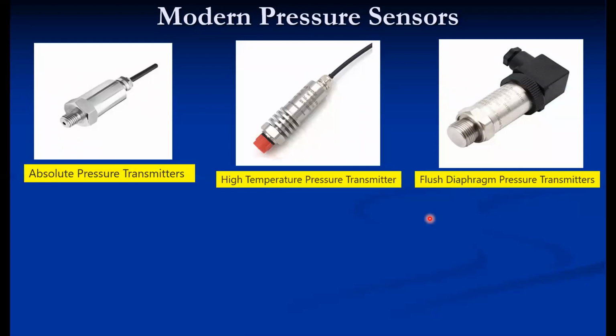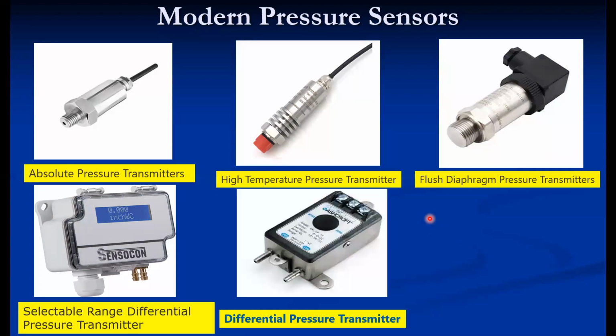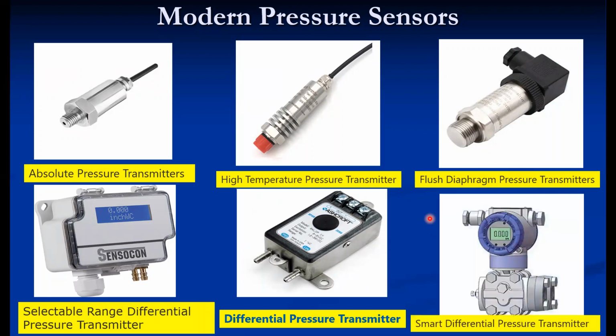And this is the flush diaphragm type pressure transmitter. These are some range differential pressure transmitters. These are the costlier devices where the accuracy is very high and where the pressure measurement is stringent, or it can be used for calculation. In that case, these differential pressure transmitters are used.